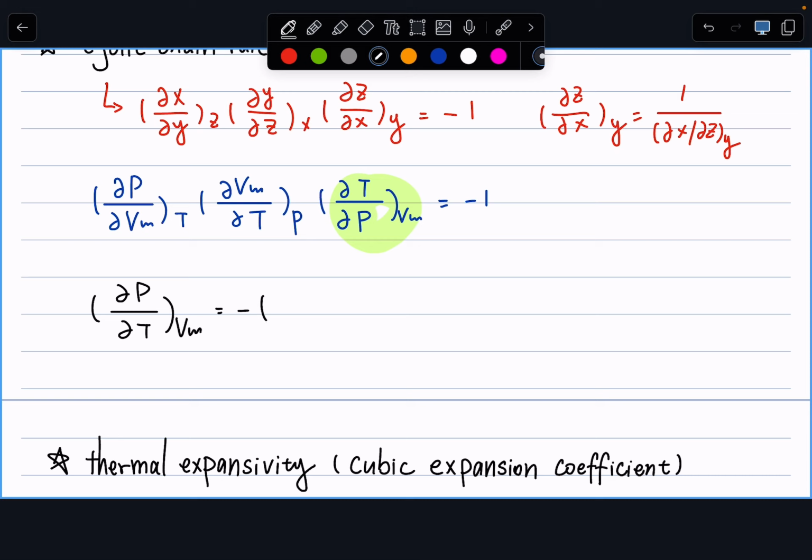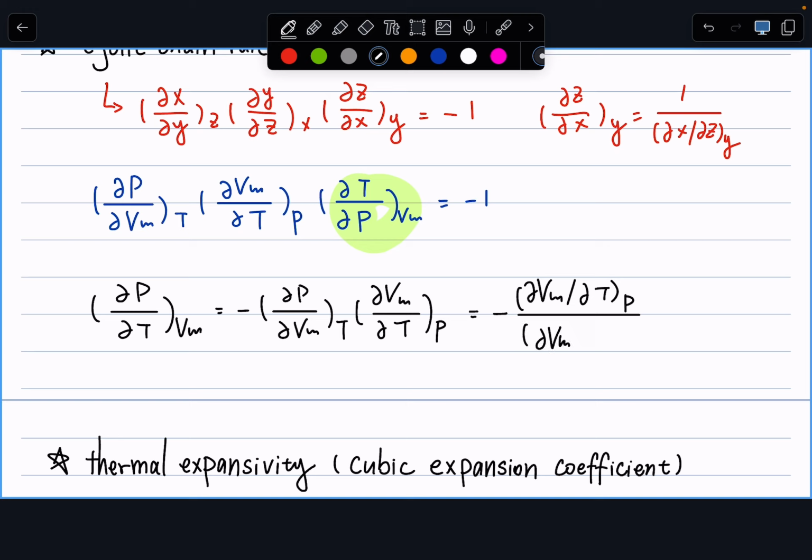That equals negative dP over dVm at constant T times dVm over dT at constant P. Or using this relationship again, we can rewrite this as negative dVm over dT at constant P over dVm over dP at constant T. Just flipping this one to the bottom, that's all.